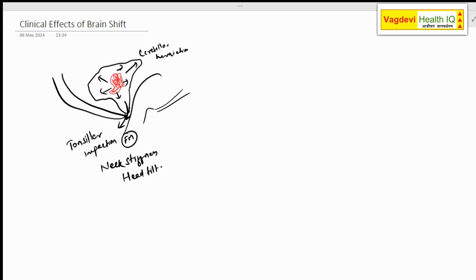It's usually present. Suppose the brain stem gets pressurized, so what will happen? Respiratory distress. So this is how it works.